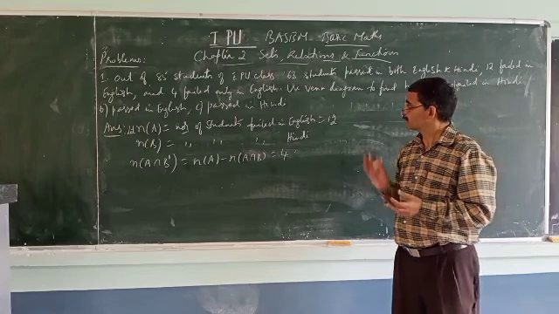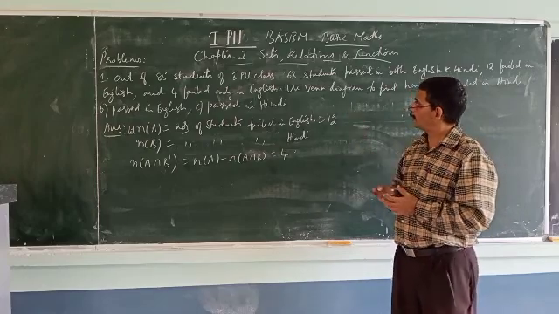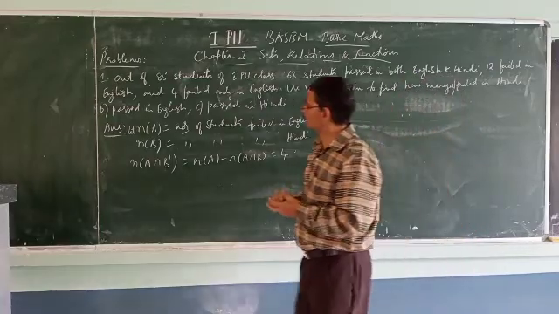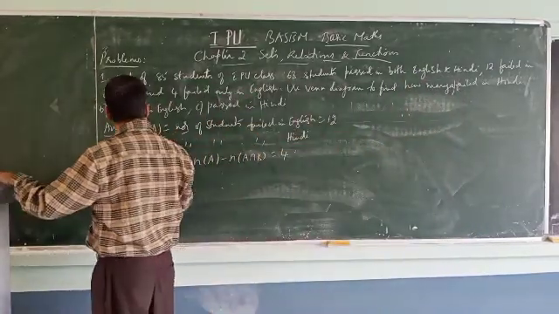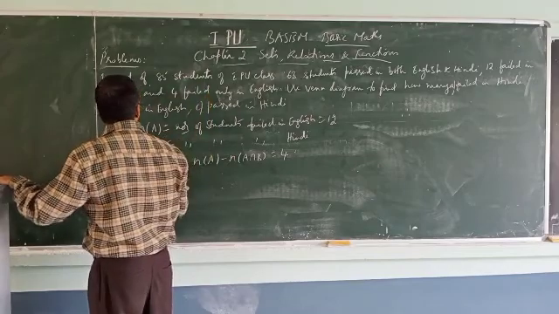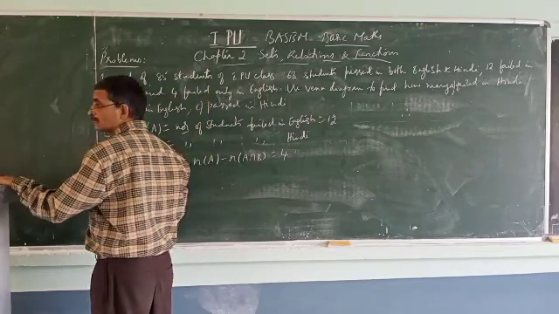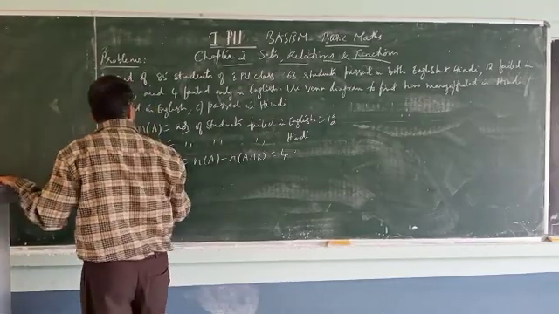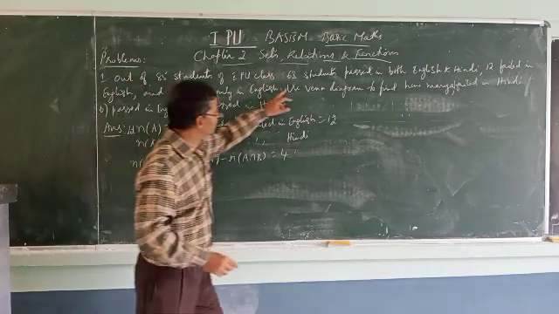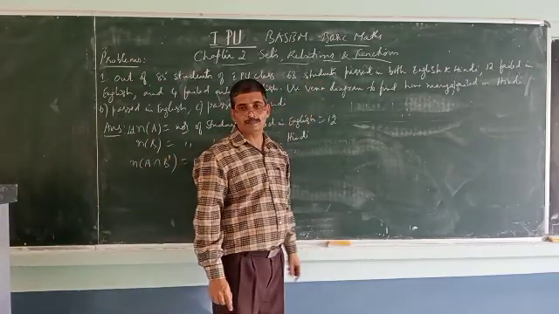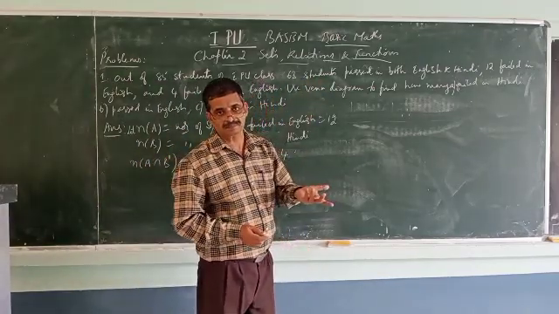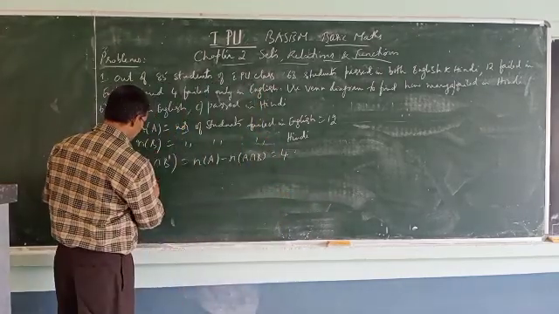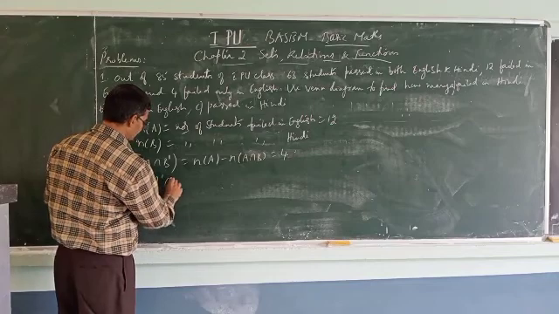Next. What else do you know? 63 students passed in both. So failed students are 22. Now 63 stands for passed in both, which is N of A dash intersection B dash.